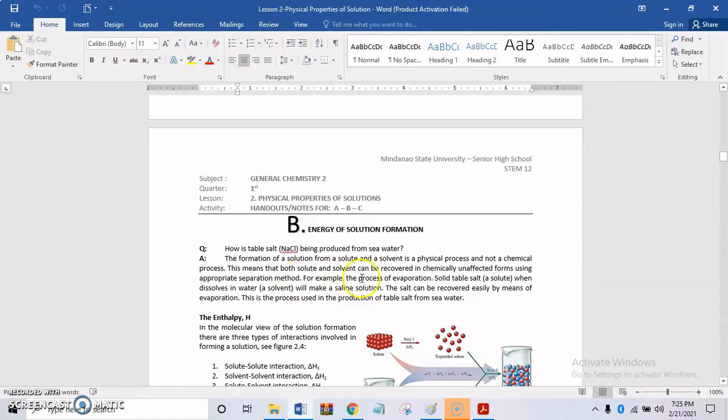For example is the process of evaporation. Solid table salt as a solute, when dissolved in a water as a solvent, will make a saline solution. The salt can be recovered easily by means of evaporation. This is the process used in the production of table salt from seawater.